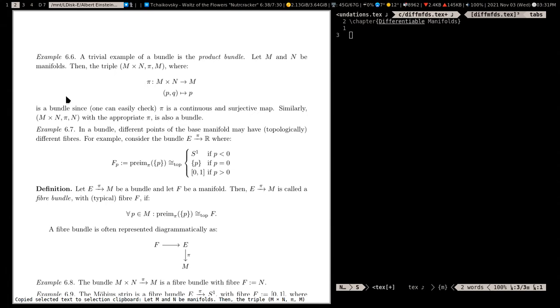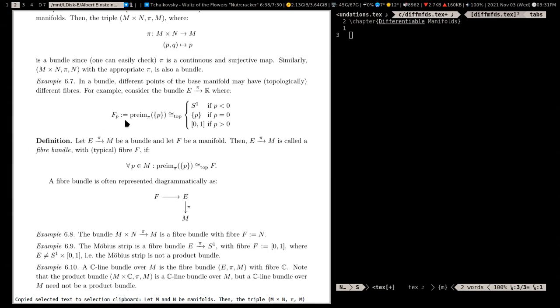In a bundle, if you have different points, they are mapped to different fibers in the same bundle. So if you have a bundle from E to R, the real line, then you look at the pre-image of some point p, and that could be homeomorphic to S1 if p is less than 0.